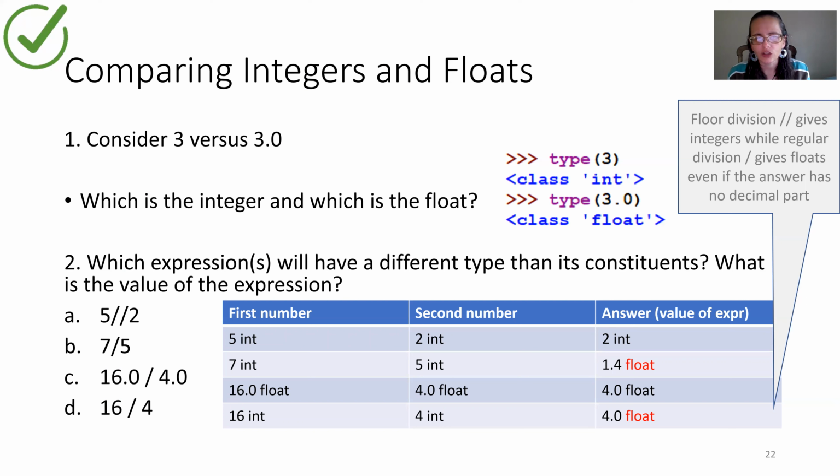Now, if you did 2.0 plus 3, you know you're going to need to add a decimal just in case, right? Because you have a decimal component now. But the thing with division is that just looking at the numbers for the input, the 16 and the 4, you don't know until you've actually done the division whether it will go in evenly or not. And that's why it always just goes to a float.